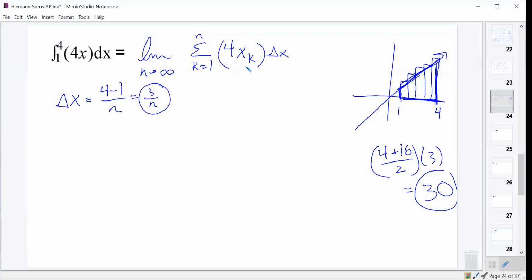And there's delta x. Now we need to find x sub k. So let's find x sub k by starting with finding x sub 1. How far do we go from the origin to get to the place right here, x sub 1, where we go up to find our first height? X sub 1 should be what?